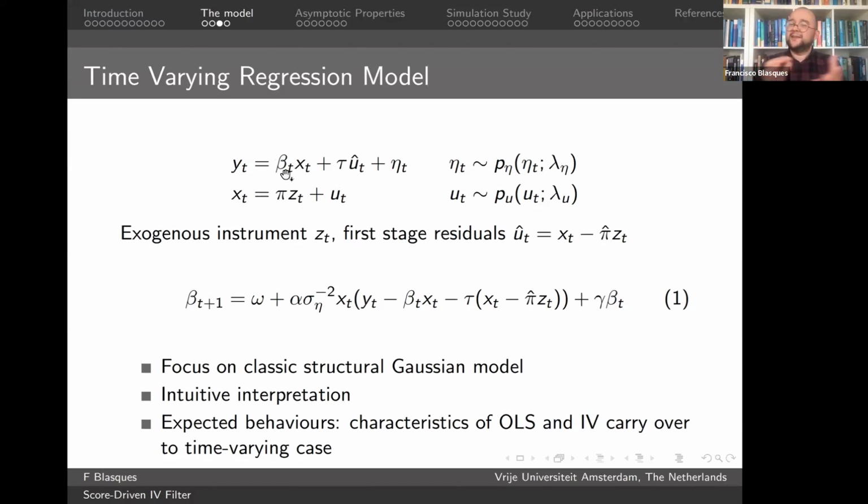So the focus here is on filtering that time varying beta. And if you then just take, say, a Gaussian density and write the score update, you get this precisely. This is what you get, where U hat is just the residual from the first regression, right?